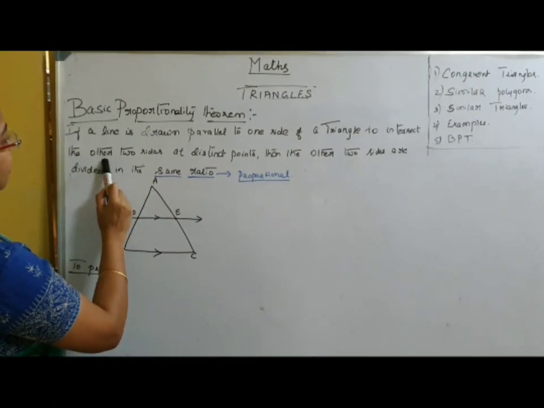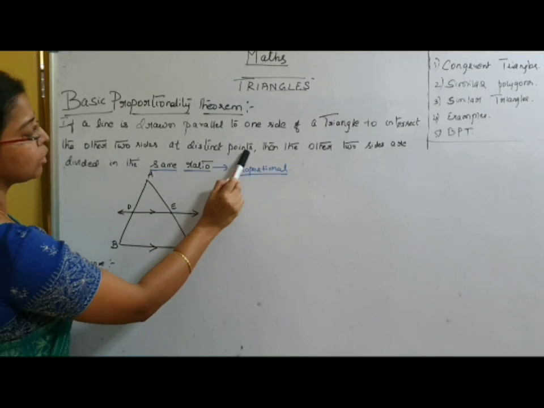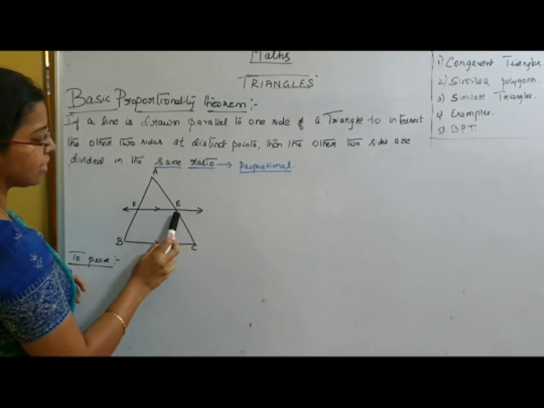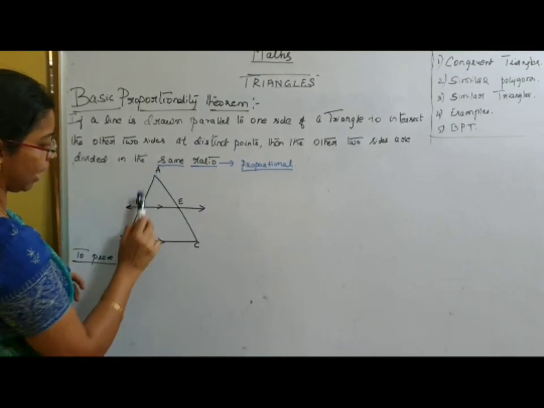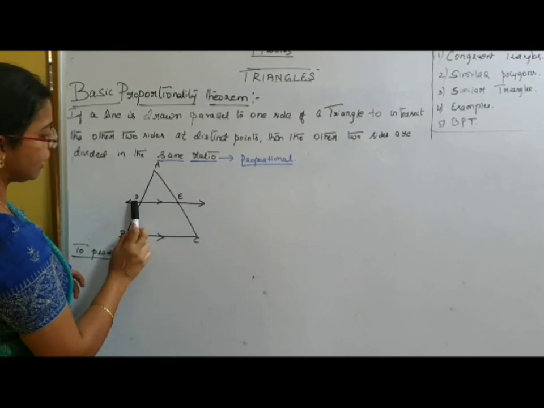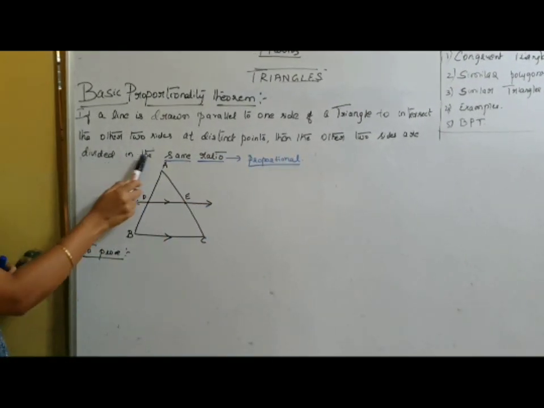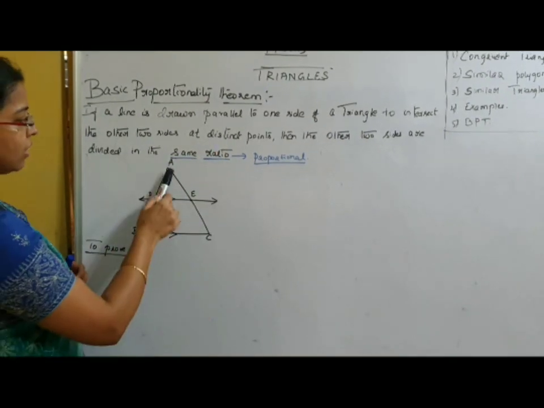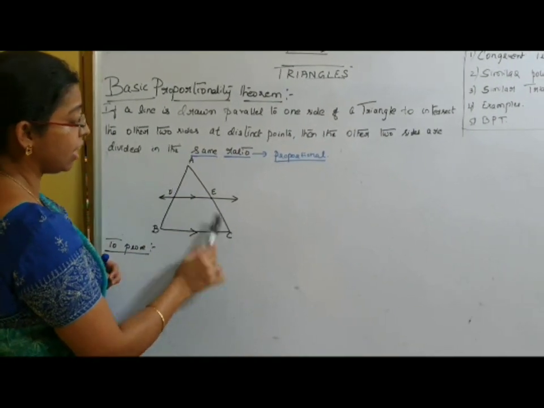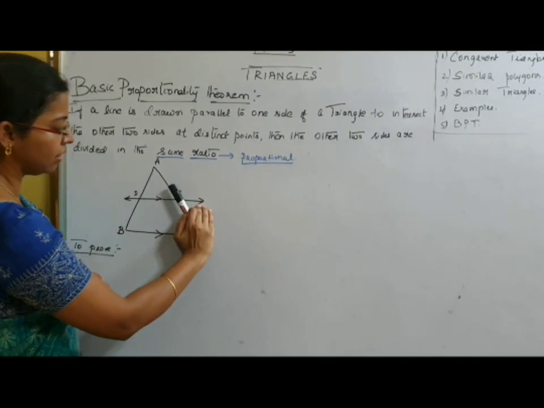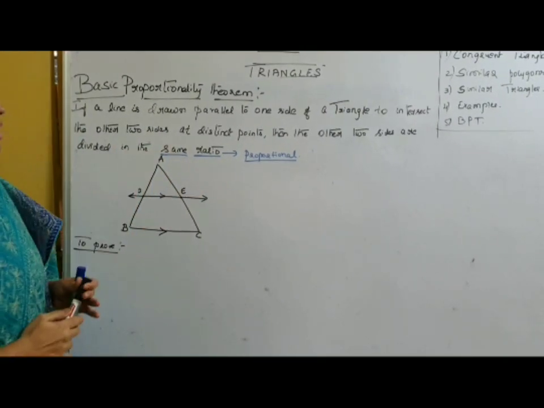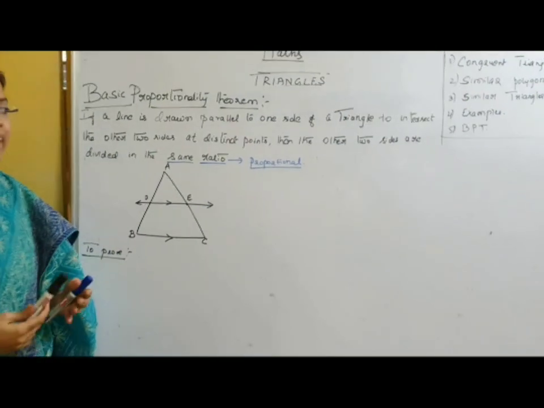To intersect the other two sides at distinct points. So this line intersects the other two sides, that is AB and AC, at D and E. Then the other two sides are divided in the same ratio. Which are the other two sides? AB and AC are divided by this line in the same ratio. That is, proportionally it divides.